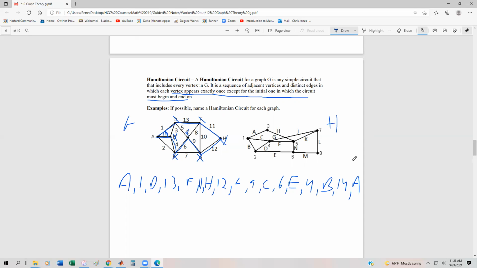Let's call this H. In graph H, we could start at vertex 1. So we go 1 to A to 3, and then to H to 5. Again, I'm just going to cross off the vertices as I get rid of them. And then we can go to K to 7, and then to 8, and then M to 6.